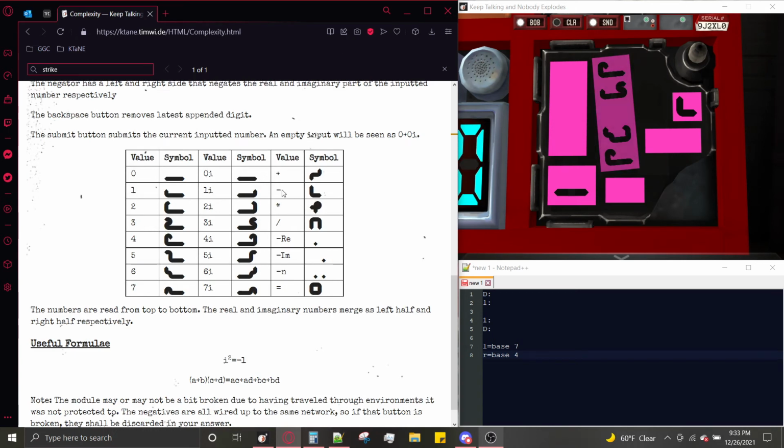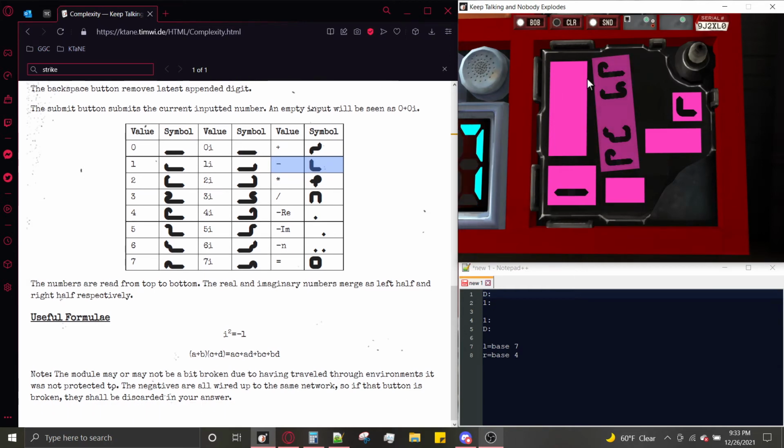So our operation for this stage is subtraction. The display value is going to be whatever this symbol is, which is 4, and then this second digit, which is a 1. We put a plus in between both sides of the line. Whatever this is our first digit, so 0, and this is our second digit, which is a 3. And since it's on the right side of the line, we put an i here.